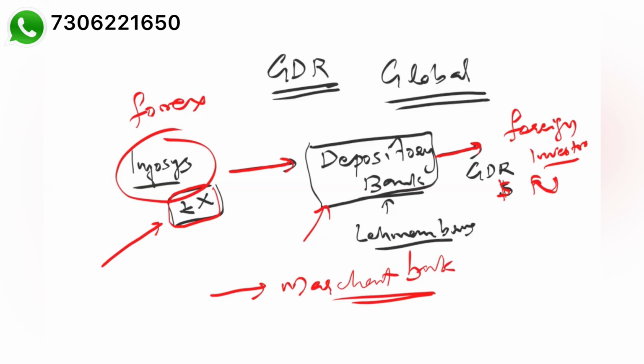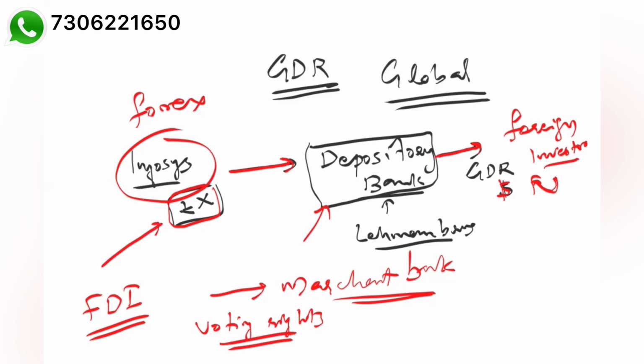Now, in India we broadly consider this as foreign direct investment, because although it's a kind of PFI, you're getting voting rights. The foreign investor gets voting rights, and they cast the vote through the depository bank, which can cast the vote on behalf of the investor.